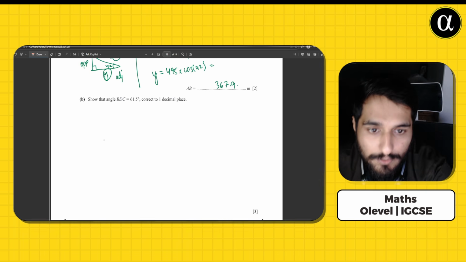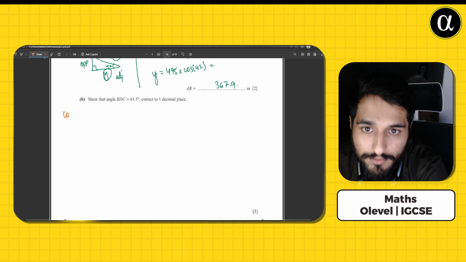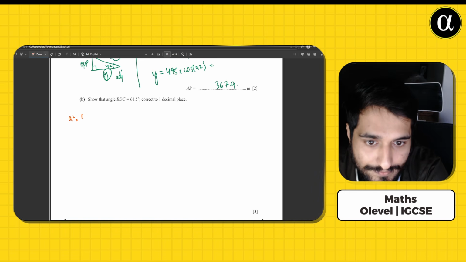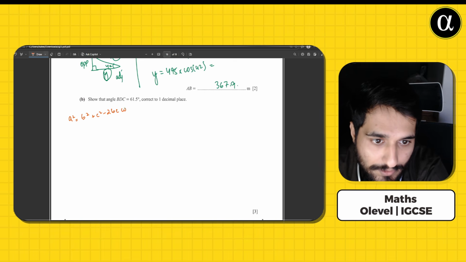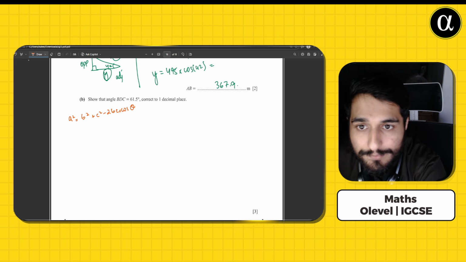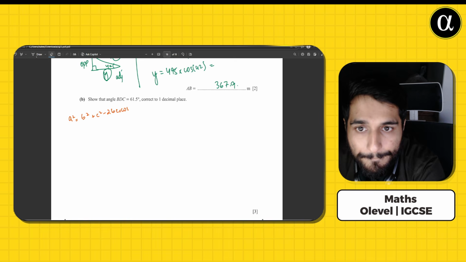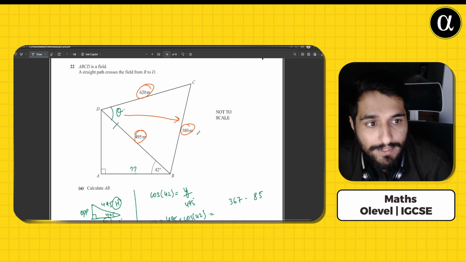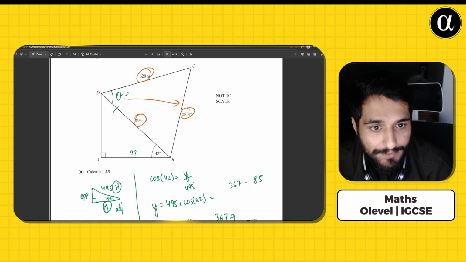So we can say that a square is equal to b square plus c square minus 2bc cos of A, where we know that the small a is going to be the paired length and capital A is going to be the paired angle.